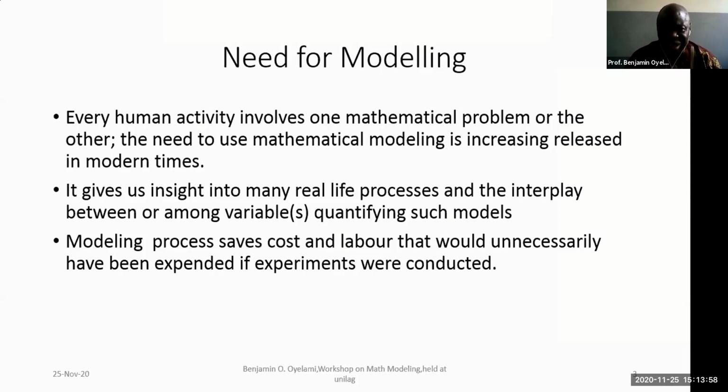The same applies to a nuclear reaction; we cannot just go ahead and experiment with a nuclear reaction. First, we must model it and test to see whether it will give us a result, because such things are very dangerous to operate with directly. That is where modeling comes in.